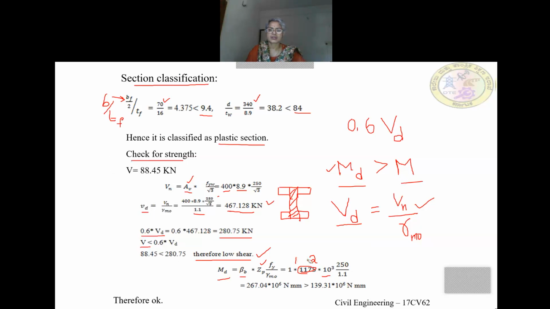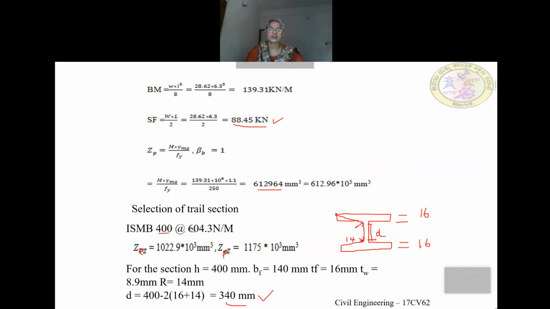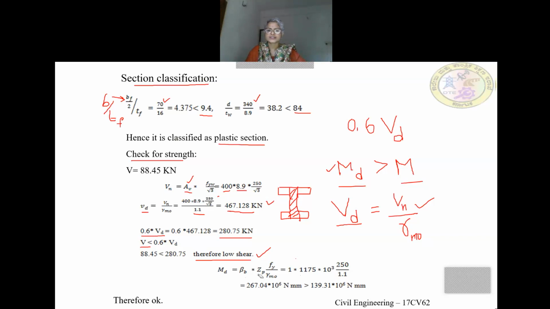This value is correct. There's a mistake in the previous slide; you have to correct this. This is Zpz and this is Zez. So you have to take the Zp value, because in the formula it is Zp. So it is 1175 into 10 cube, 250 divided by 1.1.